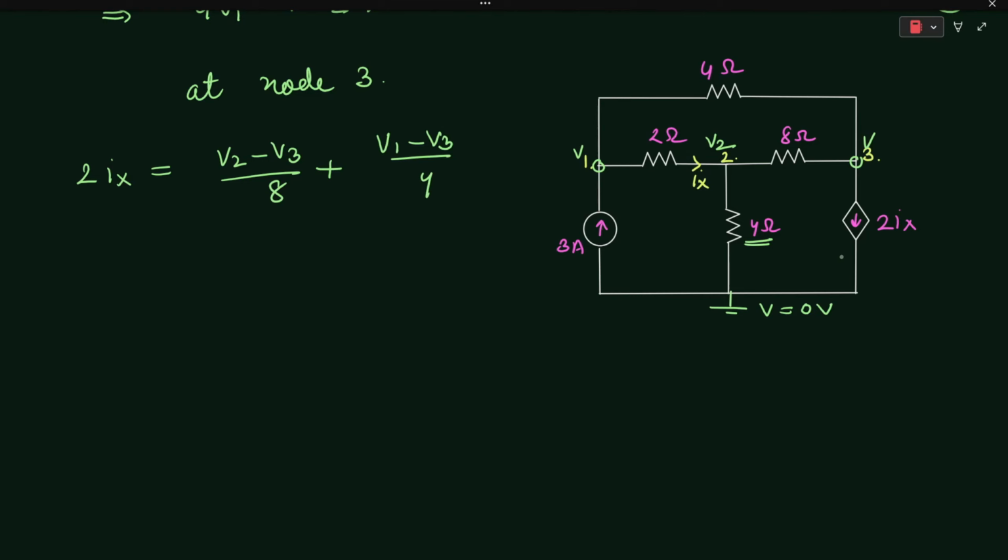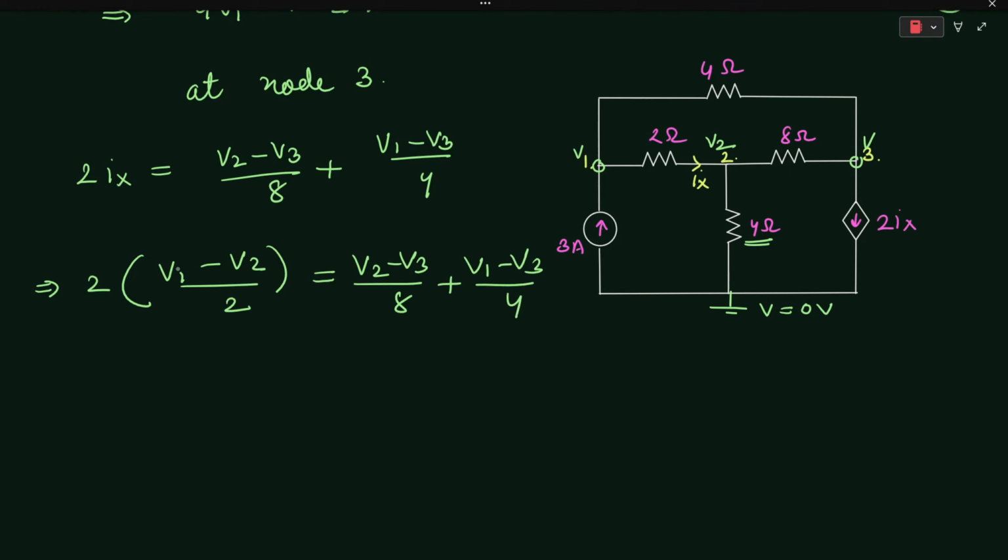On substituting the value of Ix in this equation, 2Ix is equal to (V1 minus V2) upon 2, which is equal to (V2 minus V3) upon 8 plus (V1 minus V3) upon 4. On simplifying it, we are getting 2V1 minus 3V2 plus V3 is equal to 0. Let's say this is your fourth equation.